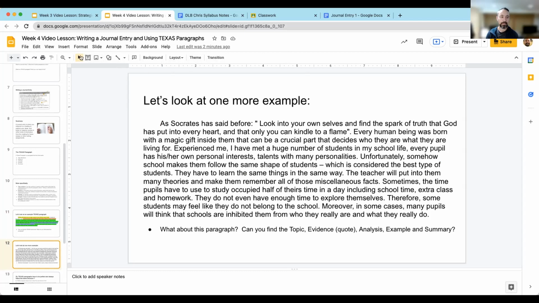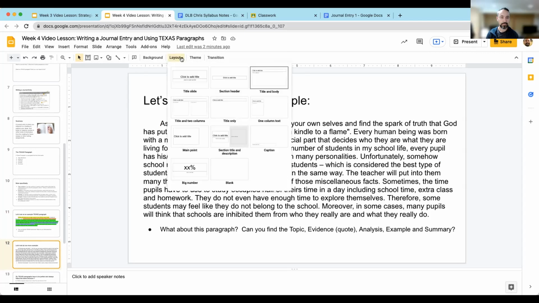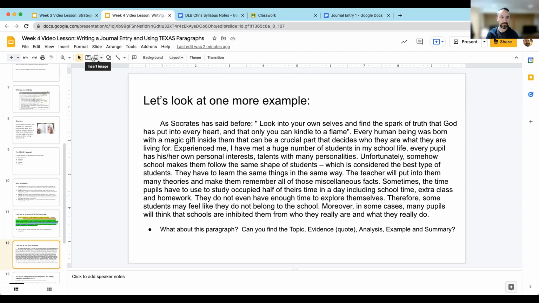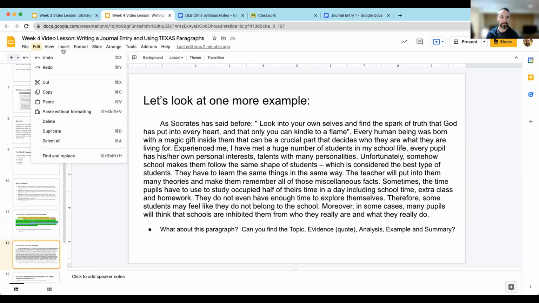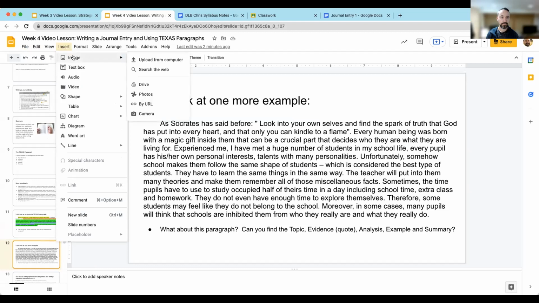So let's see, how do I get back to where I can edit this? Not layout. Oh man.